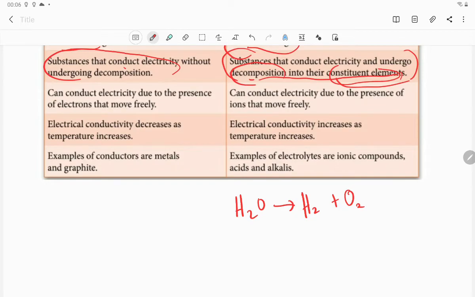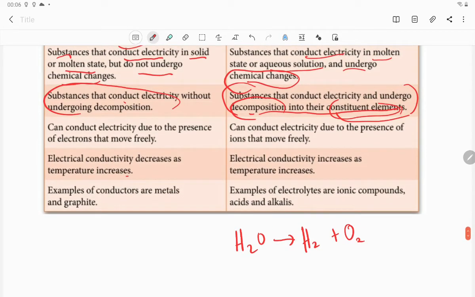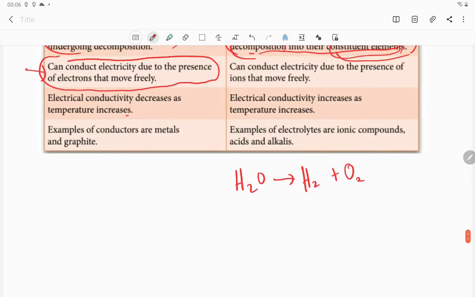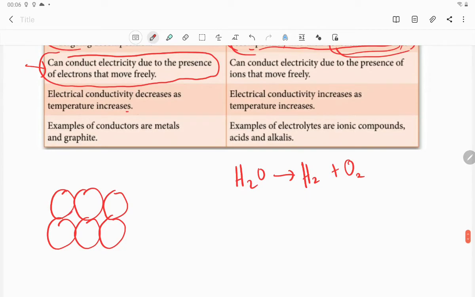Next, electrical conductivity of a conductor decreases as temperature increases. It can conduct electricity due to the presence of electrons that move freely in the solid state of metal. Atoms are arranged closely like this, but they have free moving electrons.